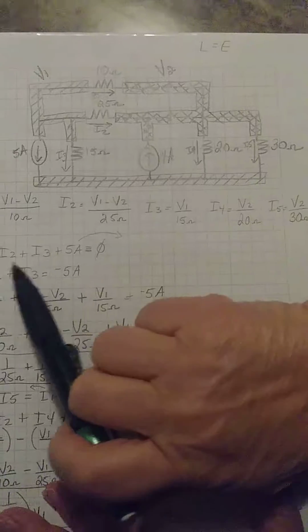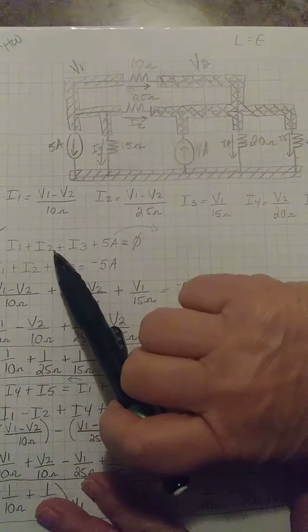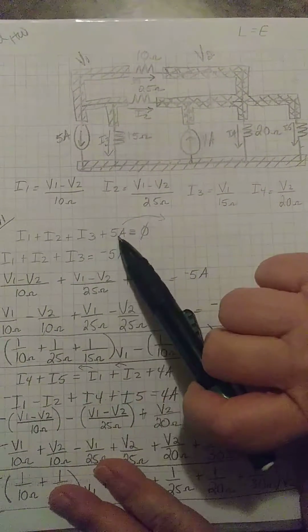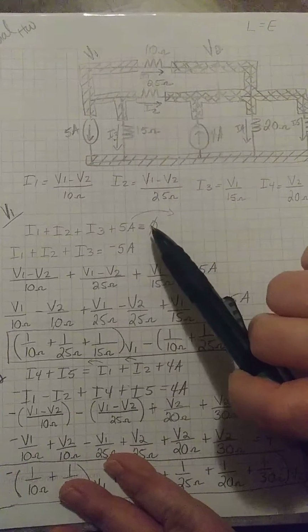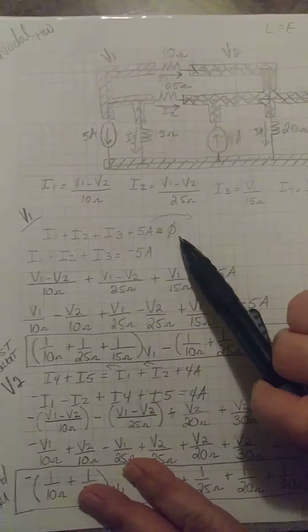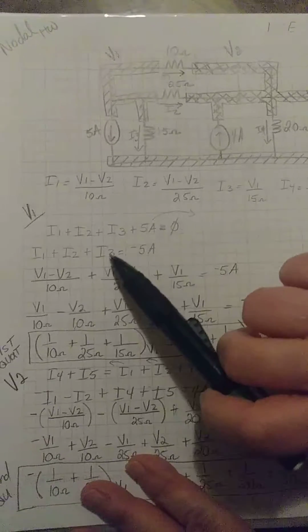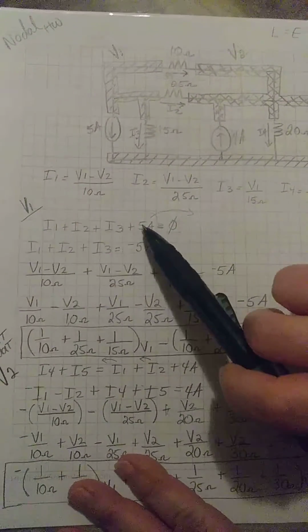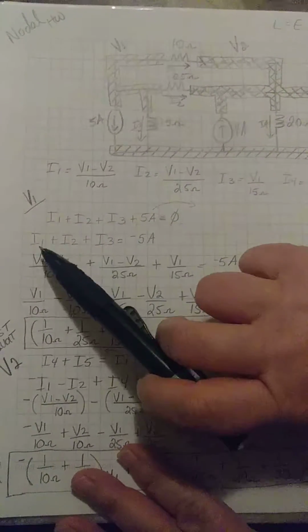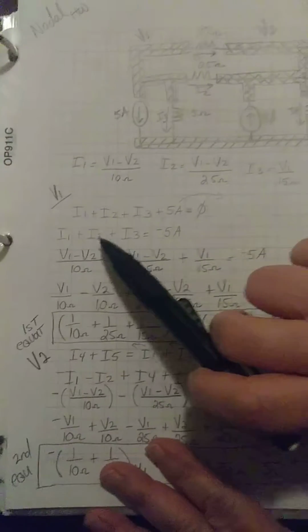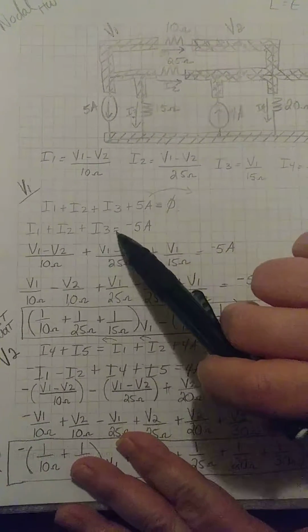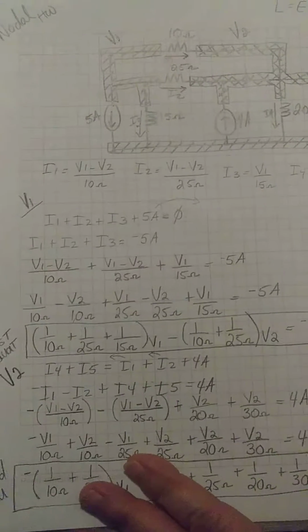No. So it's going to be I1 plus I2 plus I3 plus 5 amps equals 0. You know that the current must be on the other side of the equation, so when you take it from the other side, you have to change the sign. So now we have I1 plus I2 plus I3 equals negative 5 amps.